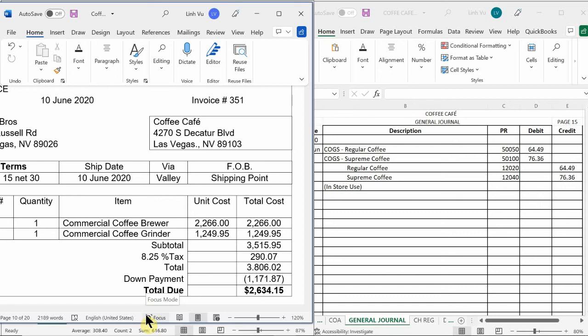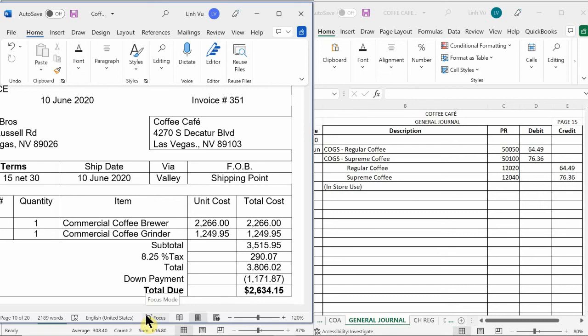So in this case, if I received a bill, I received the coffee brewer and the coffee grinder, but I didn't pay for them yet. It's not miscellaneous, is it?